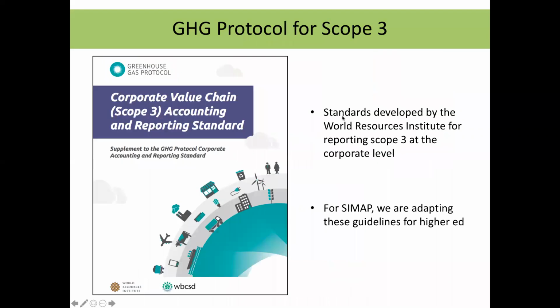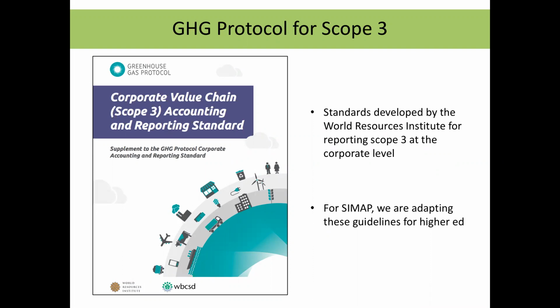All of the calculations and the methodology that we have in SIMAP is grounded in the Greenhouse Gas Protocol. That's a set of standards or guidance put out by the World Resources Institute. It provides guidance on how to calculate greenhouse gas footprints. They started with a general guidance document, which primarily covered scope 1 and scope 2.